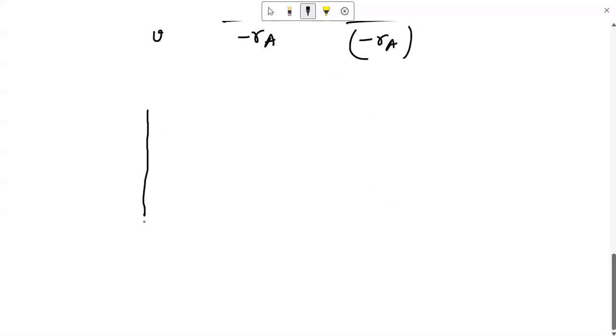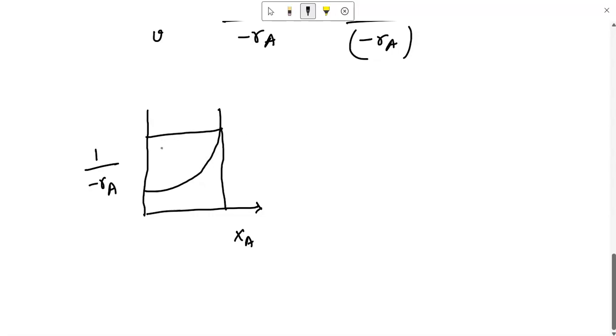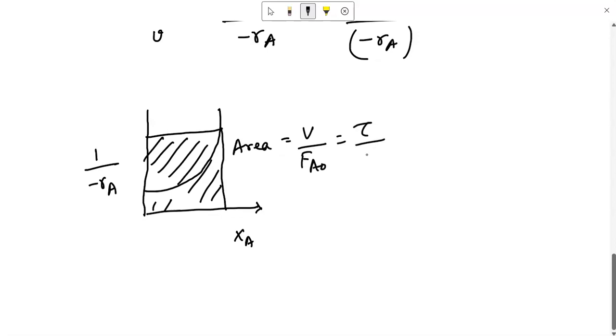If you plot a graph with the conversion on the x-axis and the reciprocal of rate on the y-axis, then you will get a curve like this, and the area within this rectangular shape is going to give us V by Fa0 or tau by Ca0.